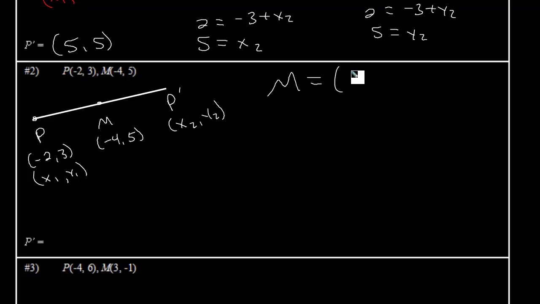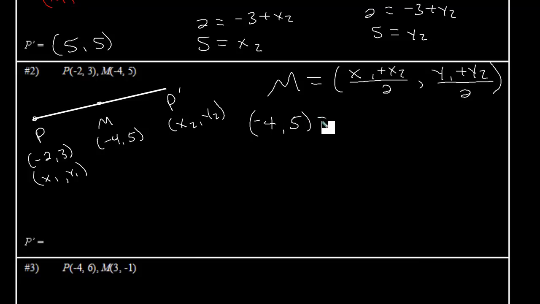Use the midpoint formula once again, which is m equals the average of the x values followed by the average of the y values. The midpoint is negative 4, 5. My x values are negative 2 and x sub 2.